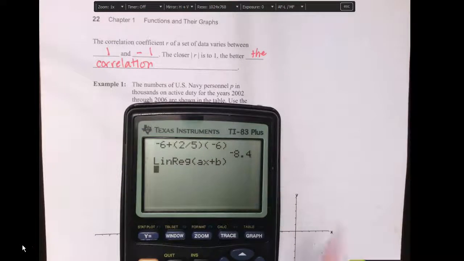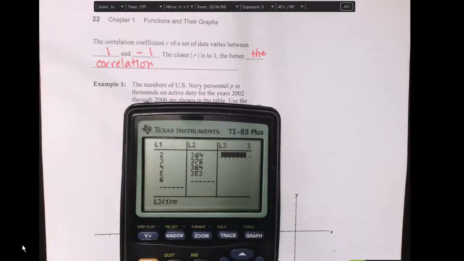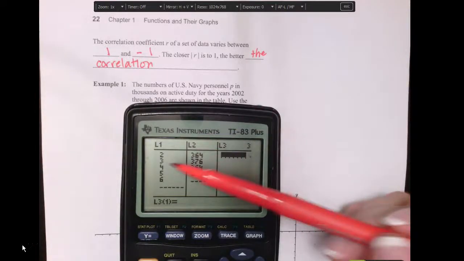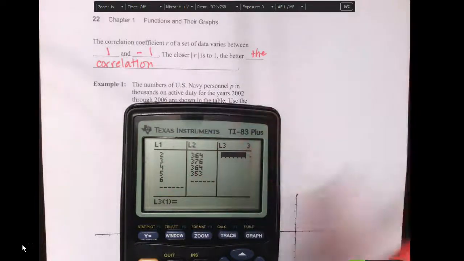And let's see what's wrong here. So I'm going to go into stat, and into my list that I'm editing. And it looks like my lists are not the same length. So 2, 3, 4, 5, 6.